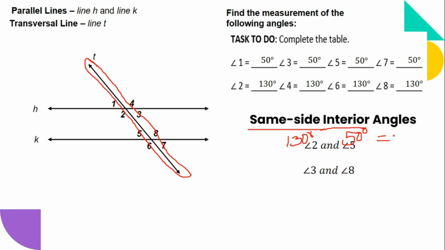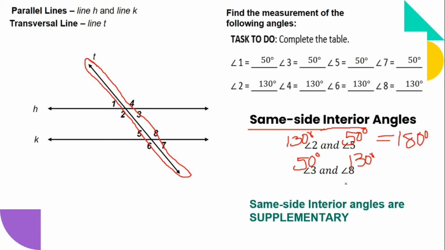At kapag ang dalawang angle, pinag-add natin at ang sum is 180 degrees, we call that as supplementary angles. Okay? Let's see muna yung angle 3 and angle 8. Si angle 3 ay 50 degrees. At ang ating angle 8 ay 130 degrees. So if we add 50 and 130, again, we will get 180 degrees. So therefore, supplementary din yung dalawa. Therefore, we can conclude na same side interior angles are supplementary.